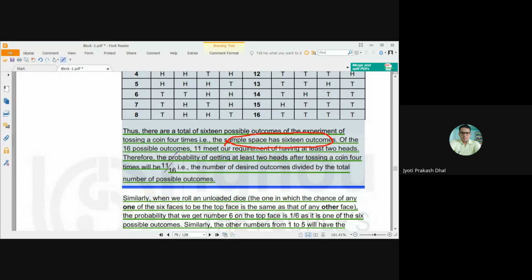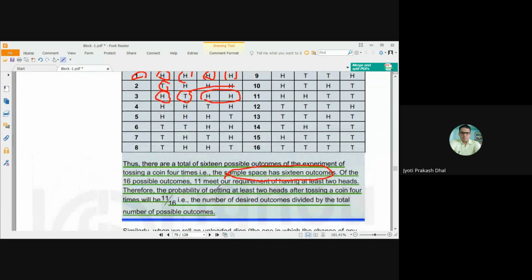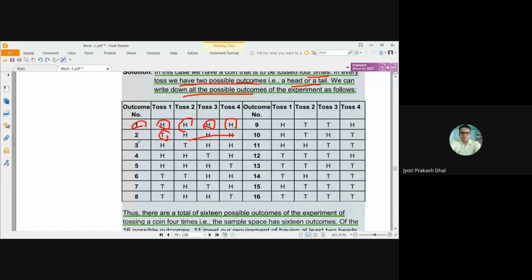Out of the 16 possible outcomes, 11 meet our requirement, that means having at least 2 heads. So these are the 16 possible outcomes for tossing a single coin 4 times.